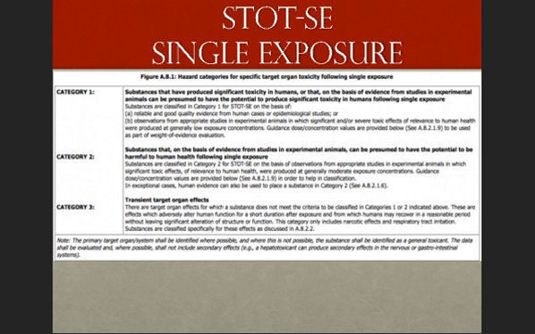Category 2 chemicals are substances that, on the basis of evidence from studies in experimental animals, can be presumed to have the potential to be harmful to human health following a single exposure.